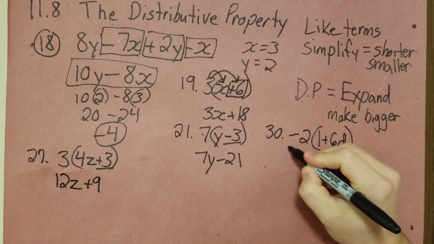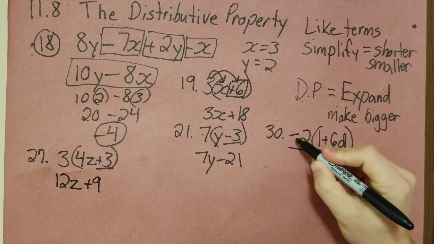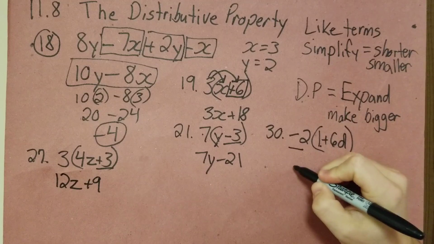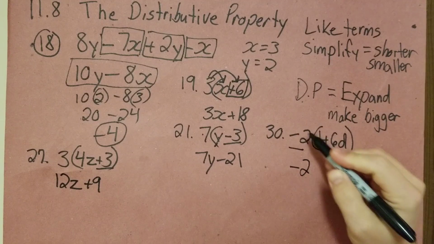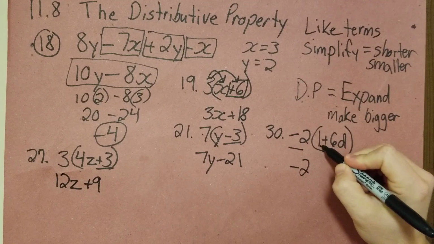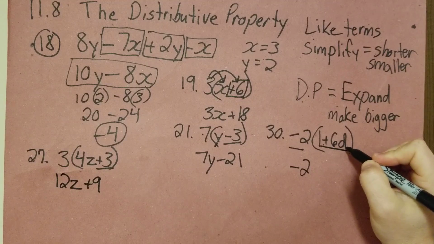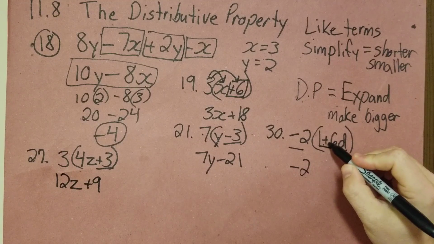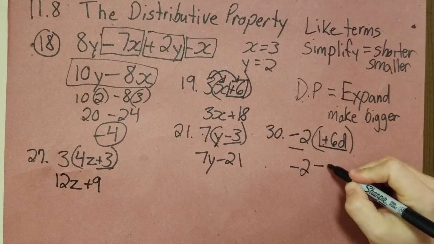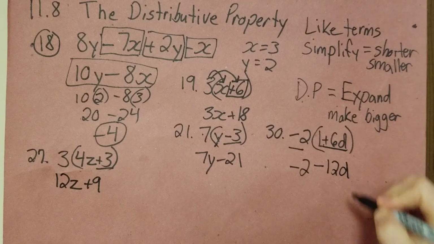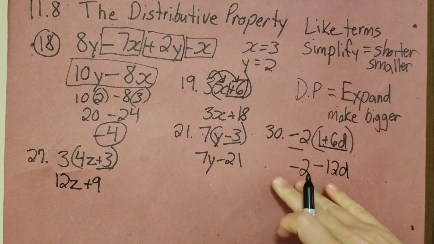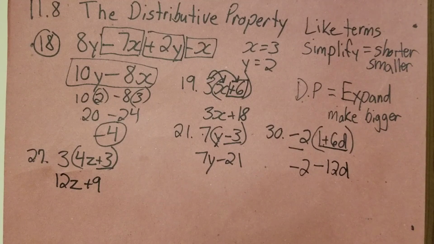But now you have a negative 2. So now I have negative 2 times 1 is negative 2. Negative 2 times a positive 6d. Negative times a positive is a negative. 2 times 6 is 12. So my answer is negative 2 minus 12d.